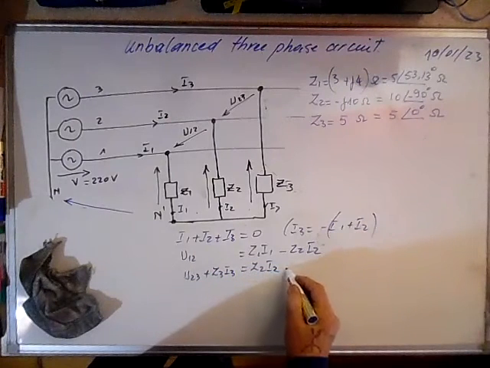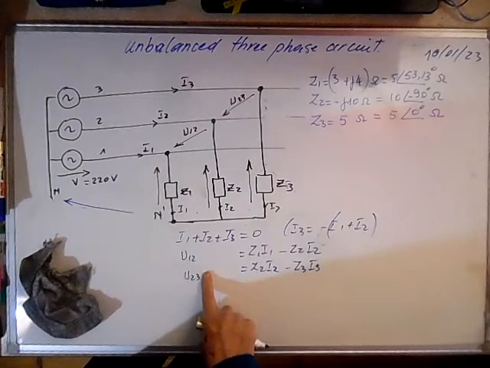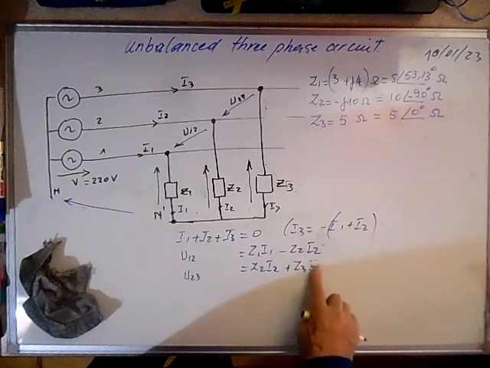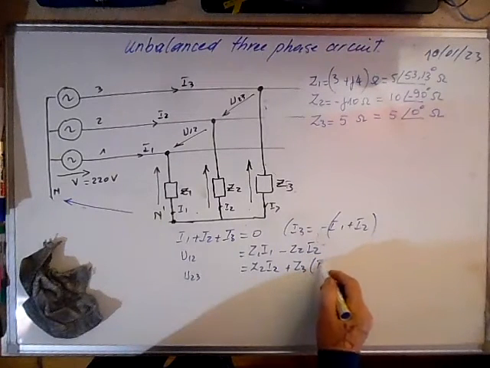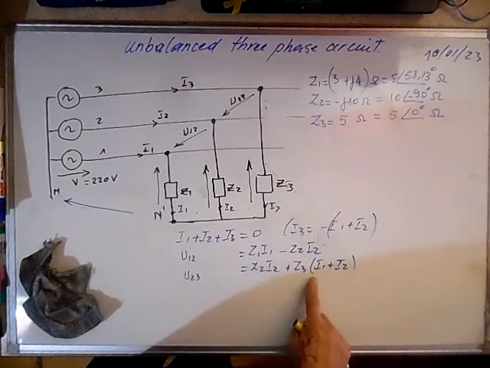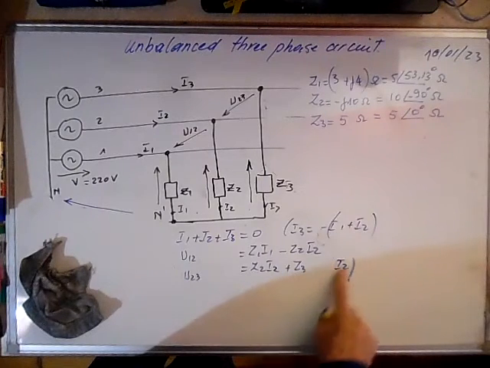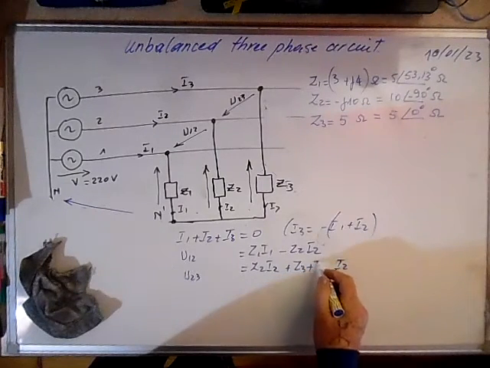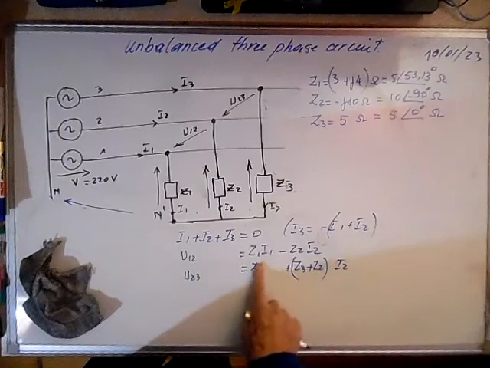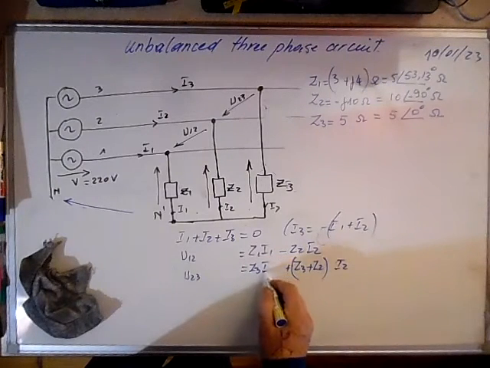and here minus Z3I3, and I3 we replace by minus I1 plus I2, and here we will have Z2 plus Z3, and here we will have Z3 I1.